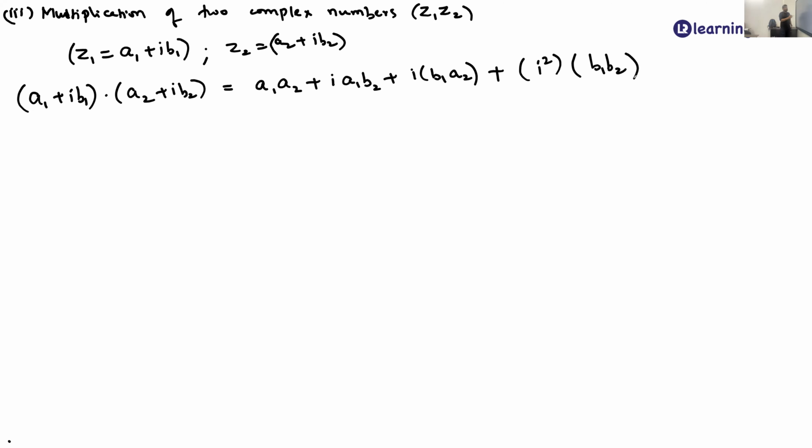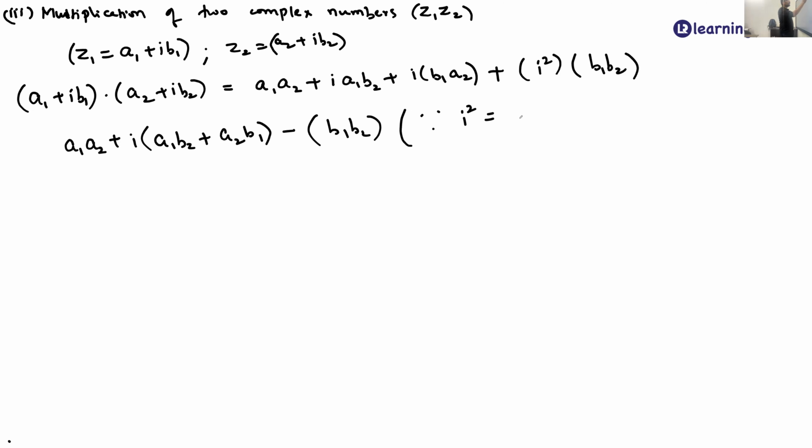So this is going to be A1 A2 plus I into A1 B2 plus A2 B1, plus I square, which is how much? Minus 1. So it will be minus B1 B2, since I square is equal to minus 1.